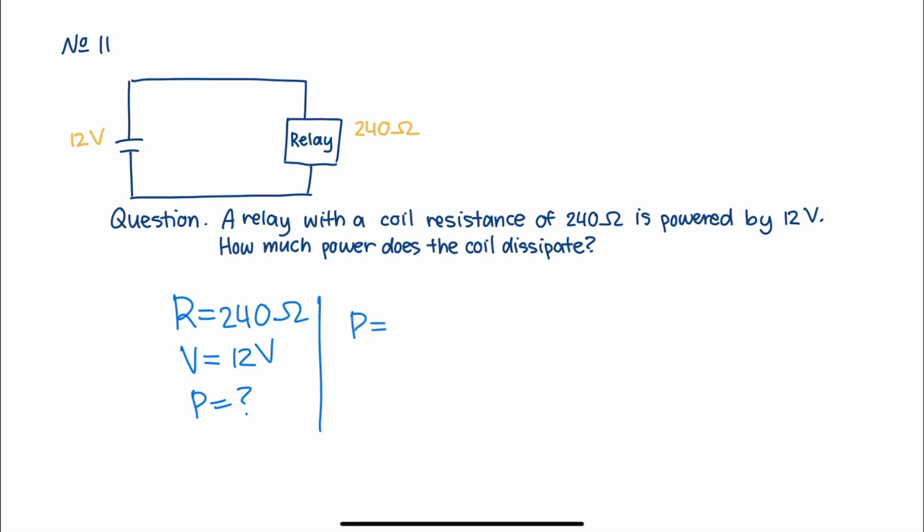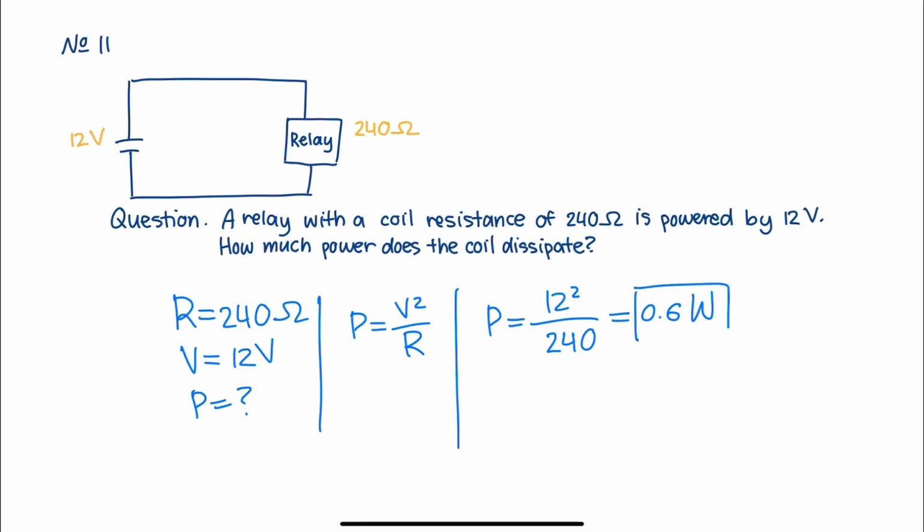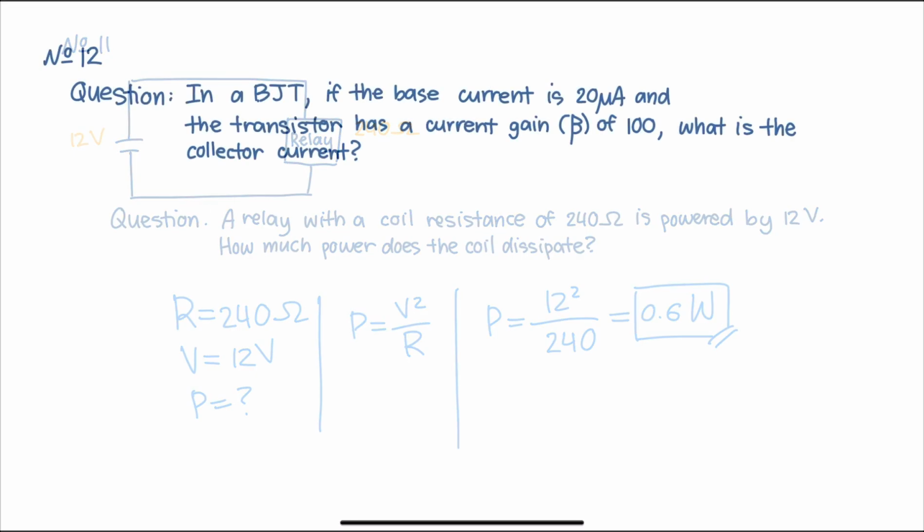So with the formula given, we will just apply it, which is going to be 12 squared over 240. If you calculate it, you will get 0.6, which is going to be watts. And this is going to be our final answer as well.